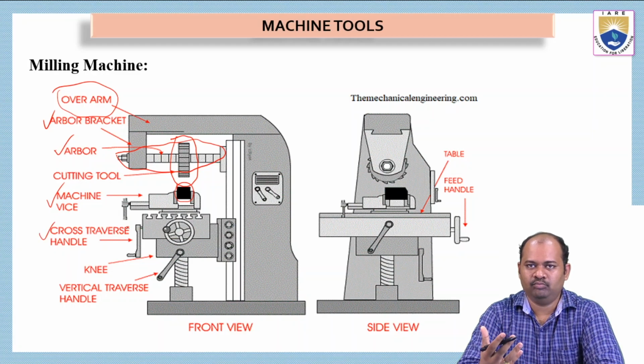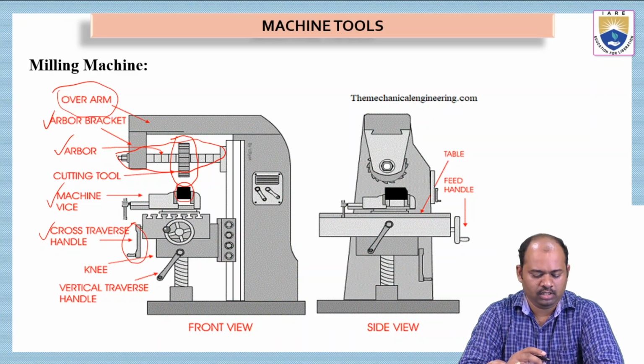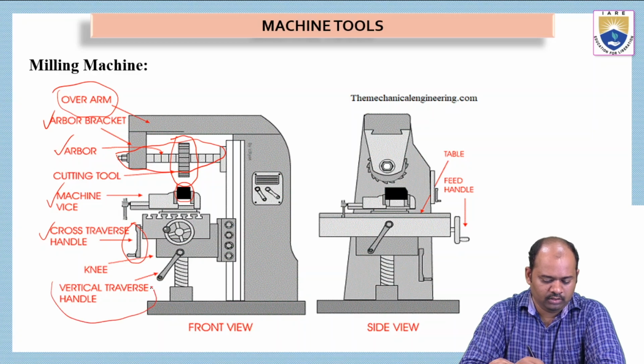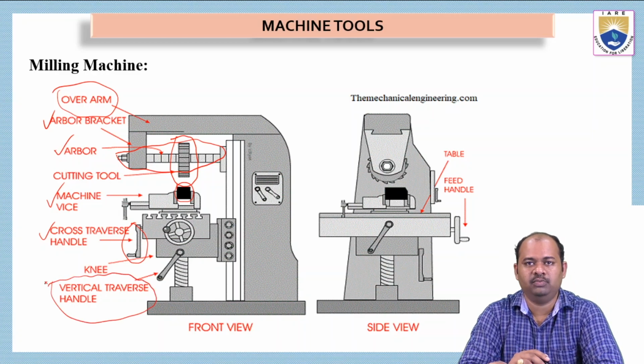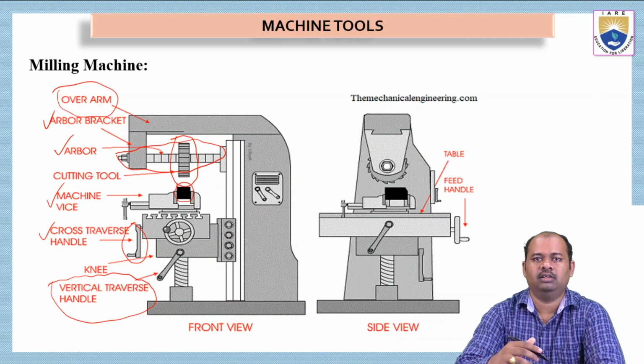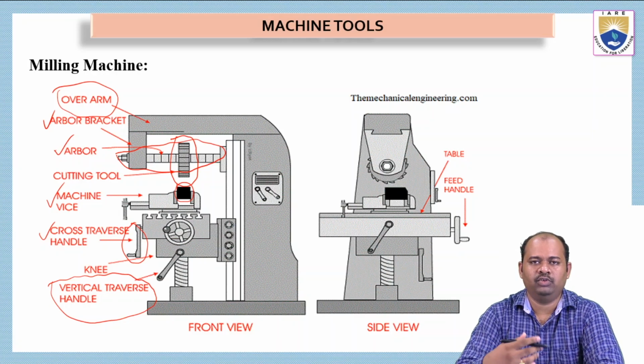We have different movements that are possible on this milling machine. This particular handle is responsible for traverse motion. Horizontal motions are possible by rotating this handle, and by operating this lower lever we can make vertical traverse motions.